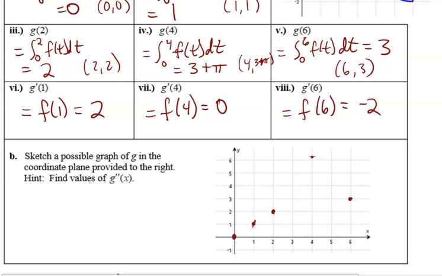Let's see, at 6, we have a slope of -2, something like this, but let's figure out what's going on in between there. So g double prime would be the rate of change of the function g prime, which is equal to f. So g double prime of x is equal to f prime of x.